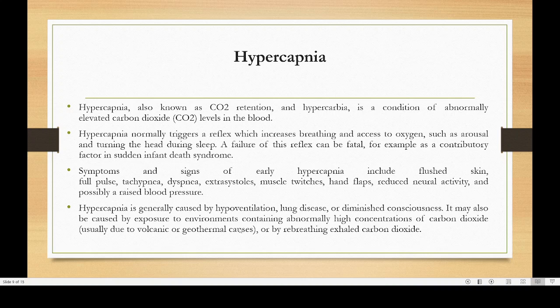For example, you are going near a volcano or near a geothermal vent where gas is coming from the earth, or you are breathing the exhaled carbon dioxide. For example, when you are breathing using an oxygen cylinder, especially during diving underwater, you will be taking the same air again and again for some time.